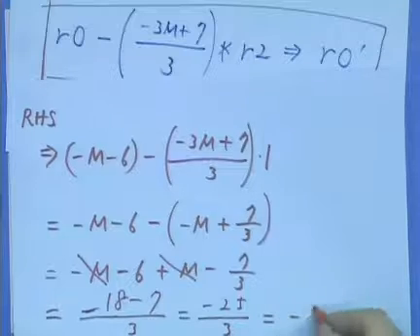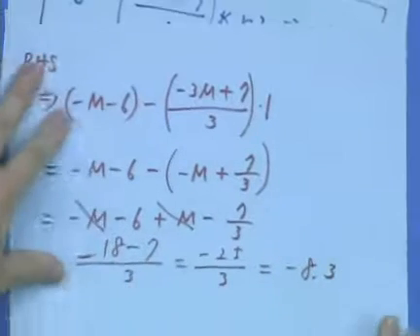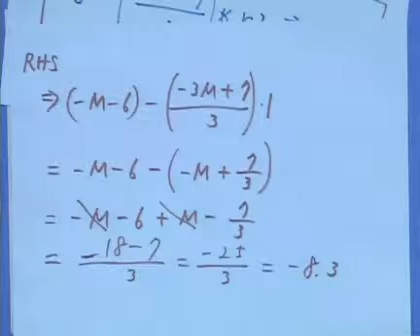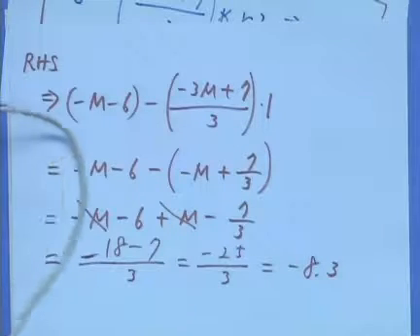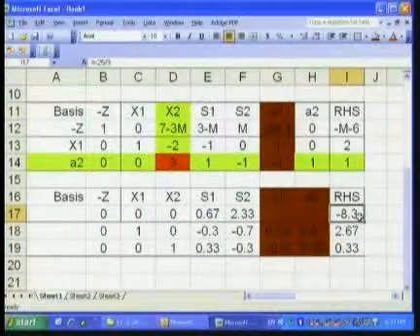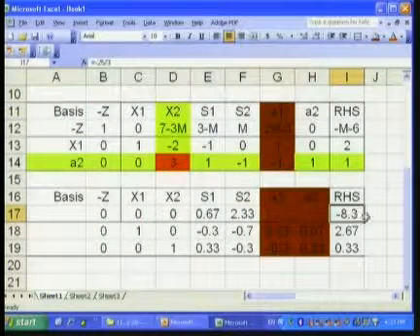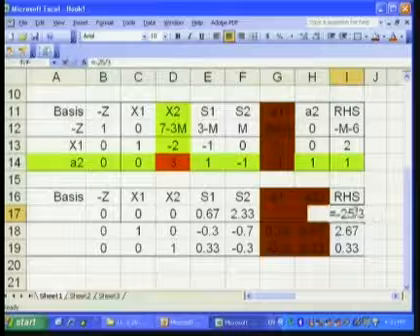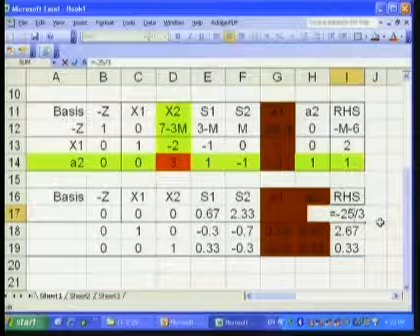Which becomes negative 8.3. Is that right? That's why we have current objective function value as negative 8.3 in here. Okay? Just negative 25/3.